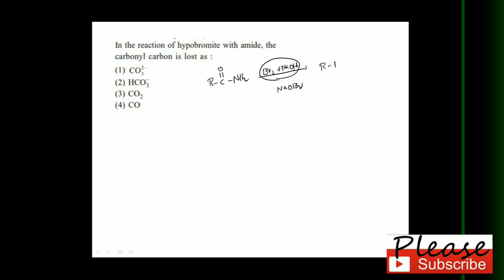During this reaction the amide is converted to an amine, and the side product is Na2CO3. This CO group is converted into carbonate. That's why it is given that in a reaction of hypobromite with an amide, the carbonyl carbon is lost as carbonate. So the final answer is CO3 2 minus.